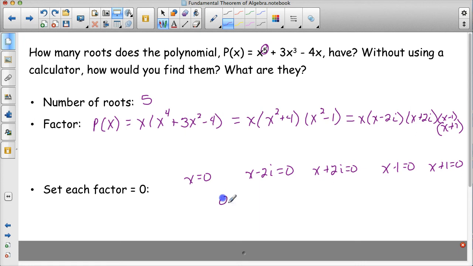That means my roots are 0, 2i, negative 2i, 1, and negative 1. I have 5 zeros. I found all 5 solutions because I have 5 roots. We'll try some more in class, but go back and rewatch this and make sure you really have this down.